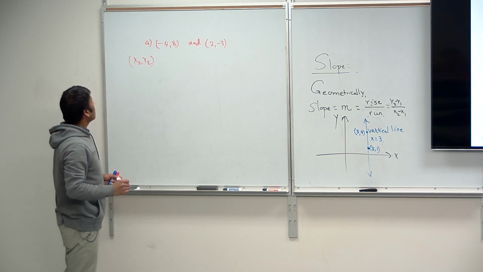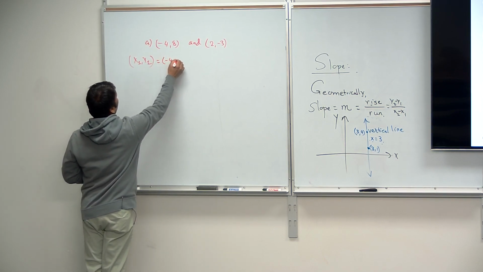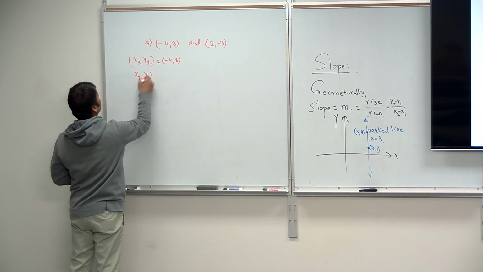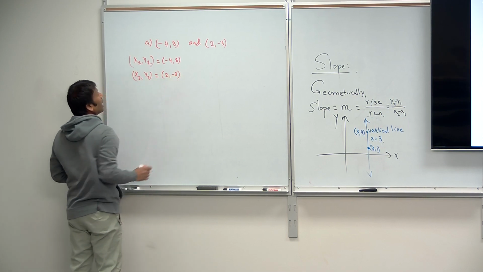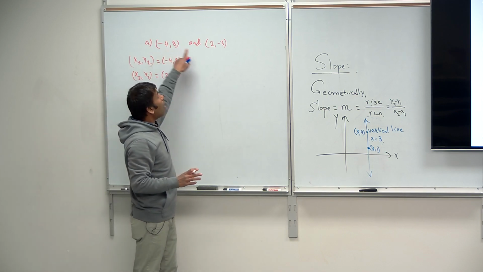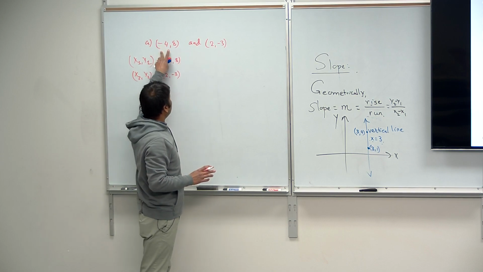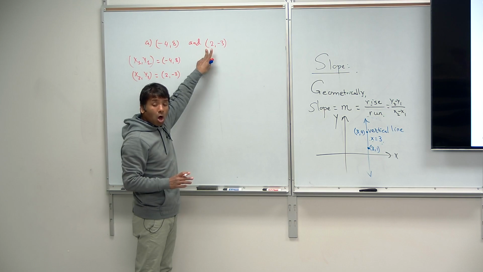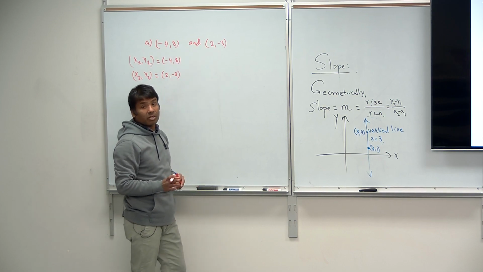Okay, so your point x on y1 is (-4, 8), and you can consider your x to y2 as (2, -3). You can consider this side x on y1 or the other side, it doesn't matter.